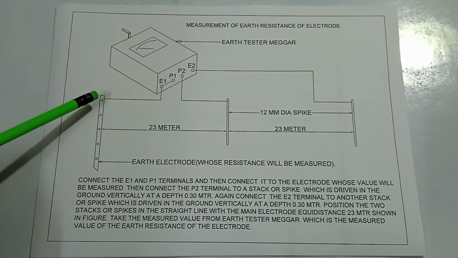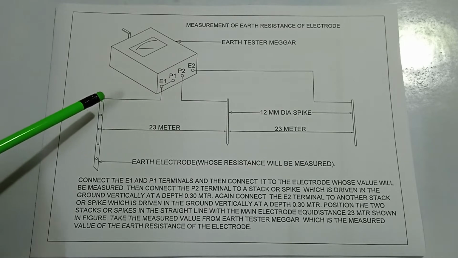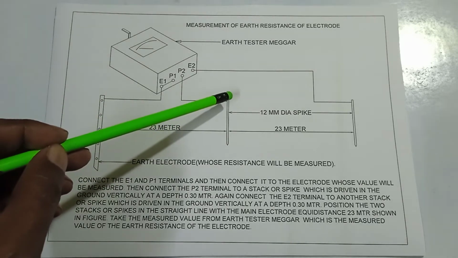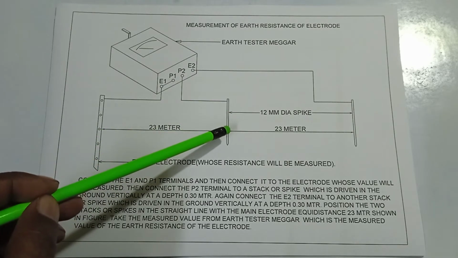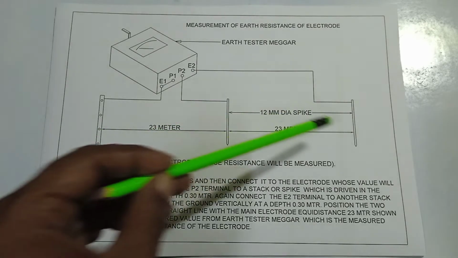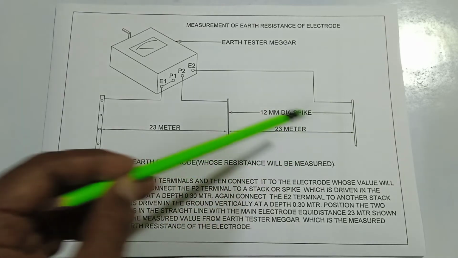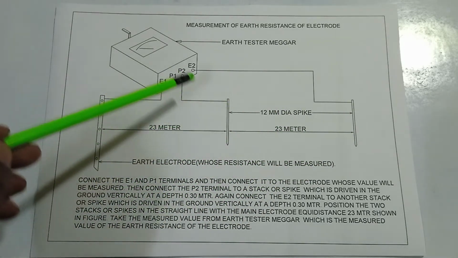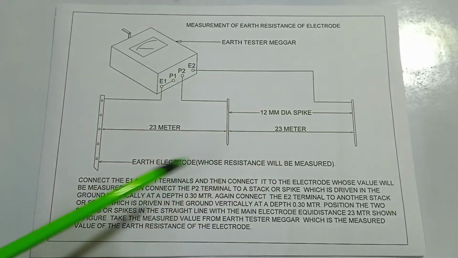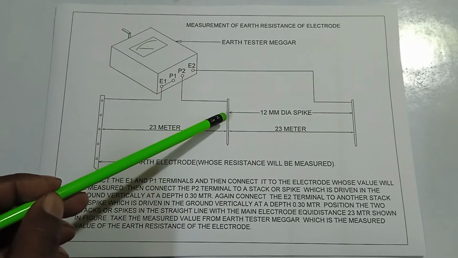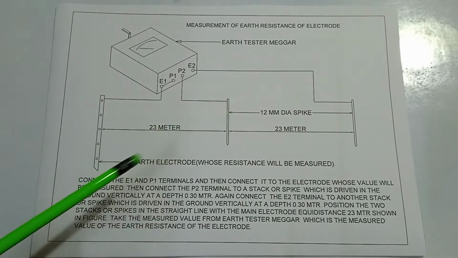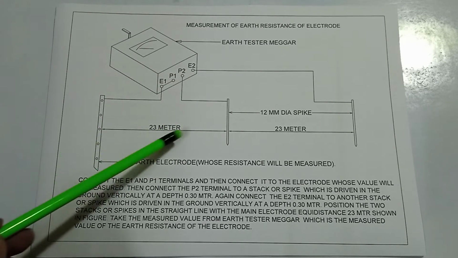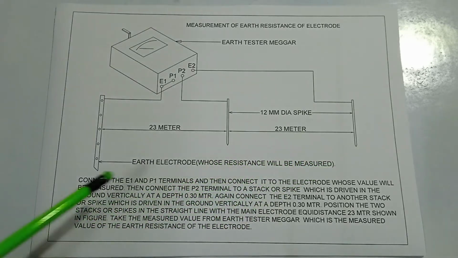Then this is connected to the electrode whose resistance will be measured, and this is connected to the first stake or spike. Second, this is connected from P2 and this is connected from E2. These are 12 mm diameter spikes. The distance is 23 meter and this is the 23 meter.